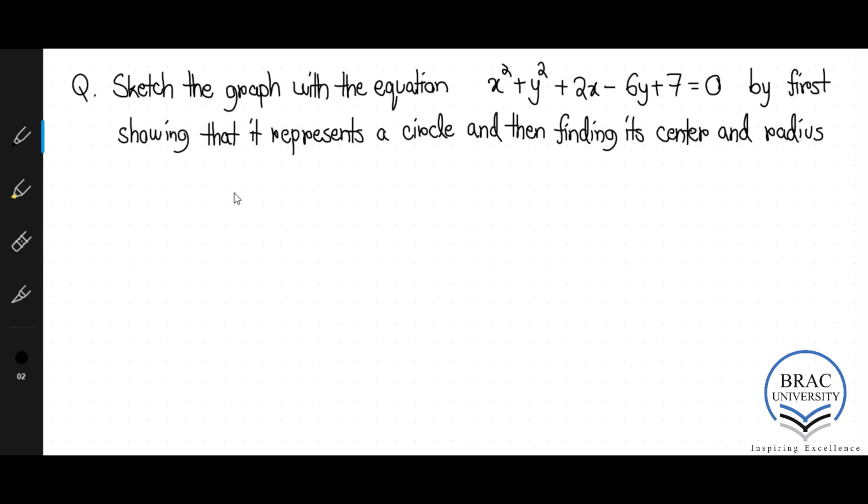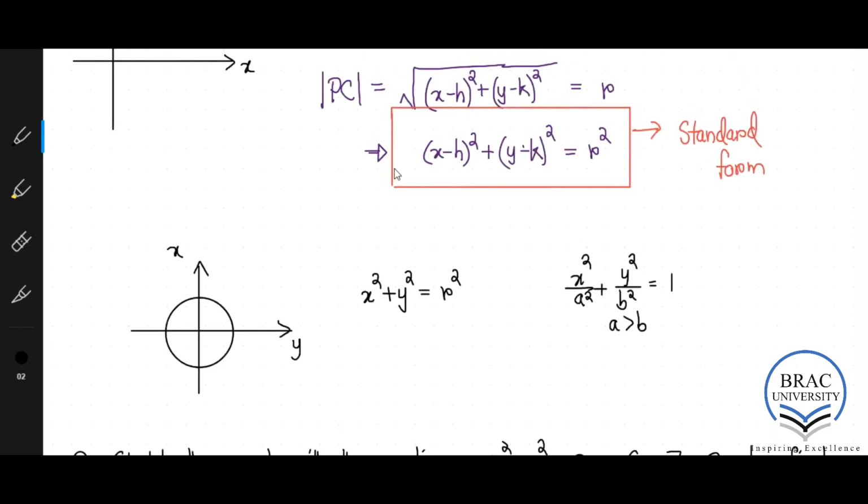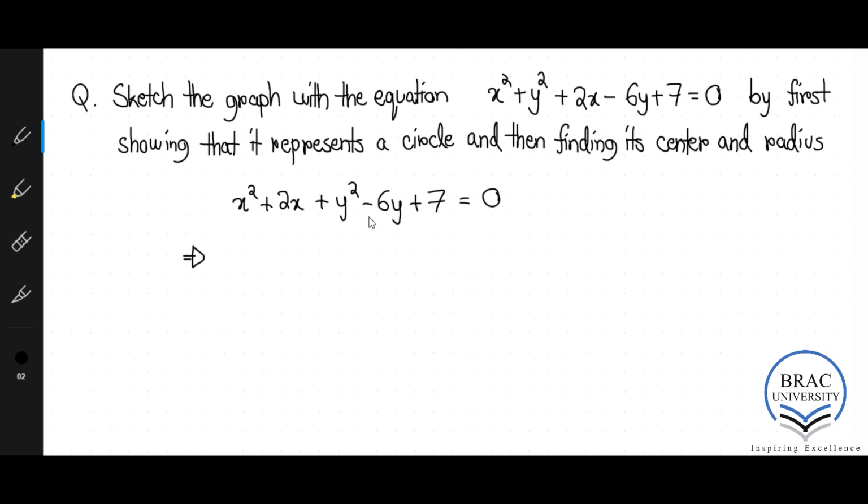So let's go ahead and first group the x terms and the y terms together. And then to bring it to a square form like this, we would have to complete the square.